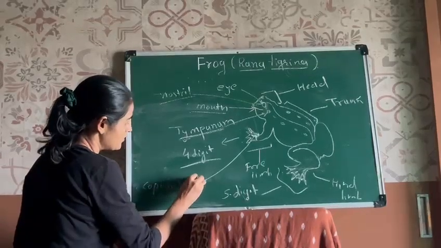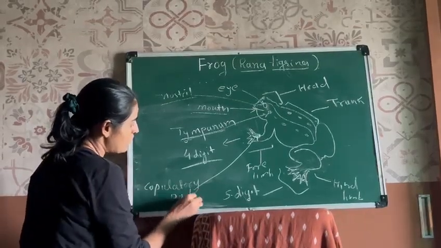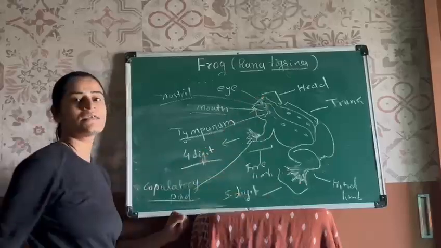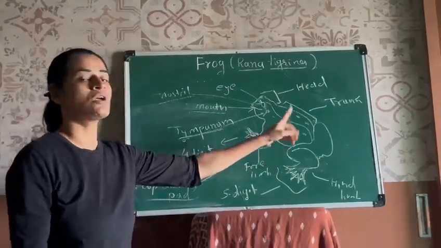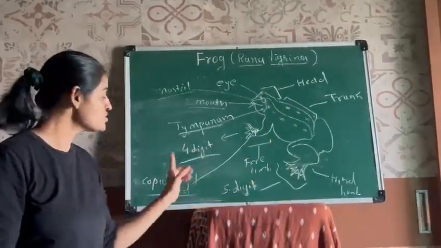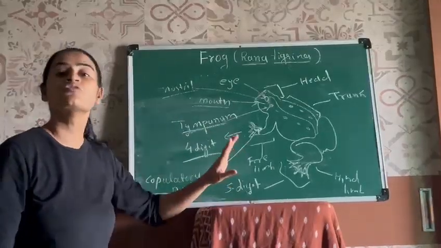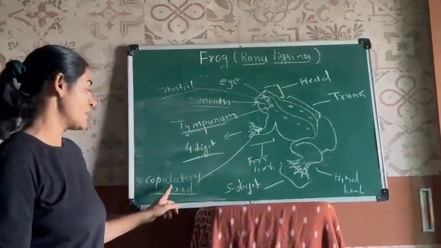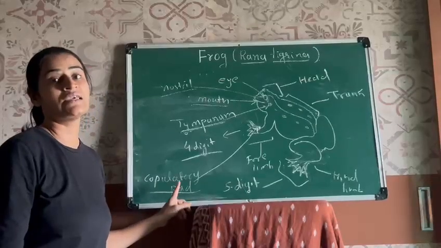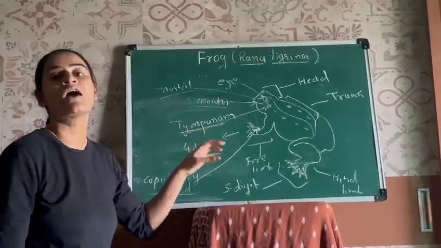If I draw this structure, then this frog becomes a male frog, because this structure is only present in the male frog and absent in the female frog. Because of that, the copulatory pad shows sexual dimorphism.